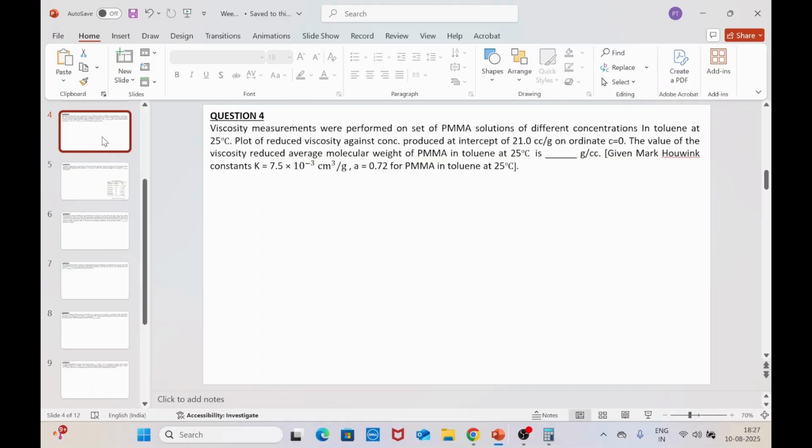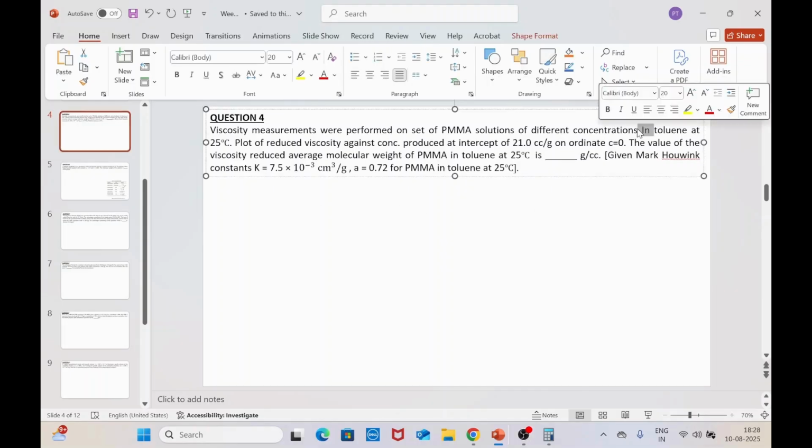Question number 4. Viscosity measurements were performed on a set of PMMA solutions at different concentrations in toluene at 25 degrees Celsius.